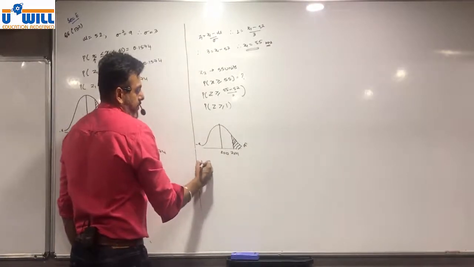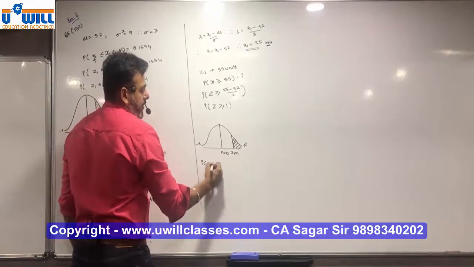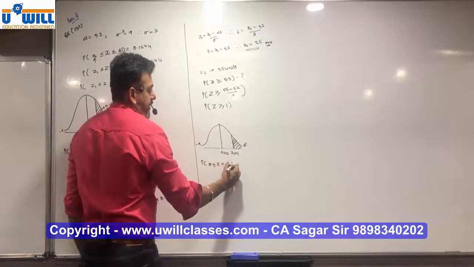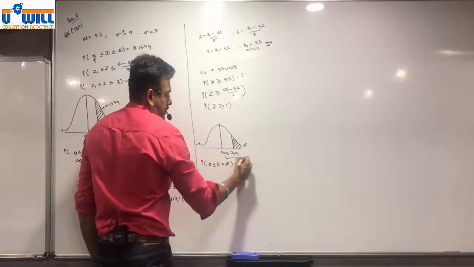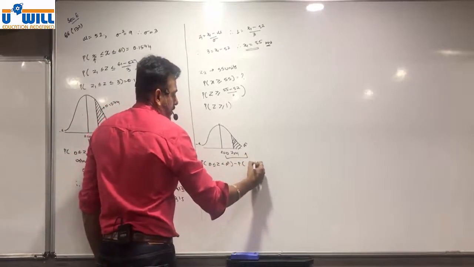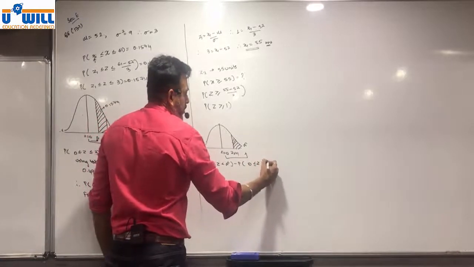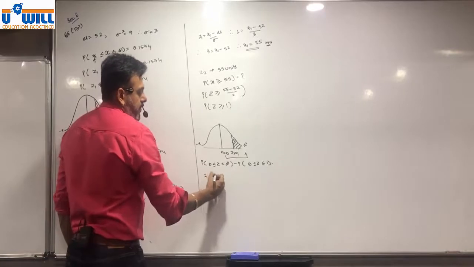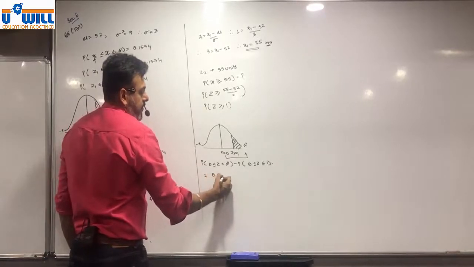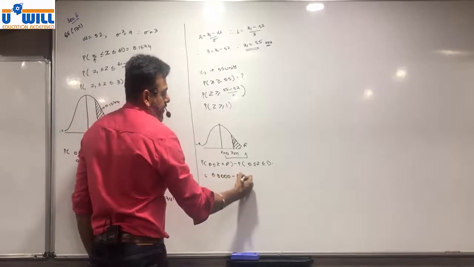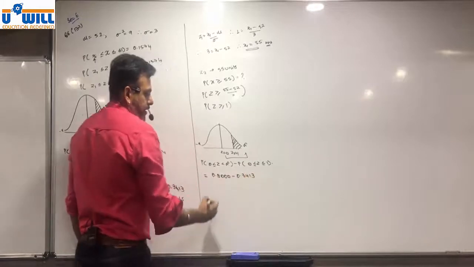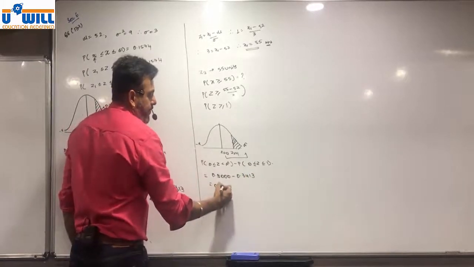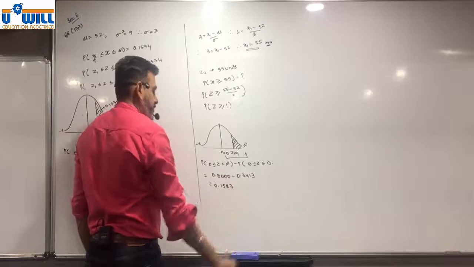So we make the equation: probability of z greater than equal to 0, less than infinity, minus probability of z greater than equal to 0, less than equal to 1, is equal to 0.5000 minus 0.3413, which is equal to 0.1587.